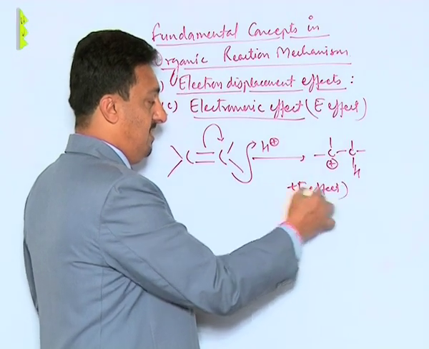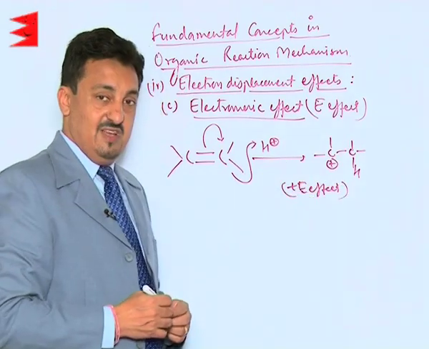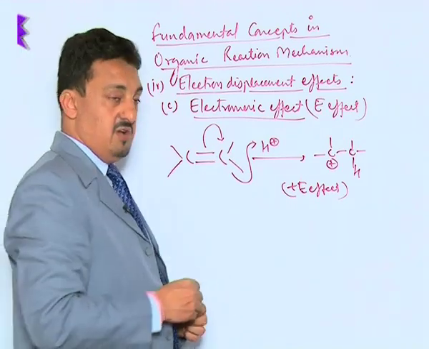We call it plus E because the attacking species is a positively charged species, and it leads to the formation of a carbocation.